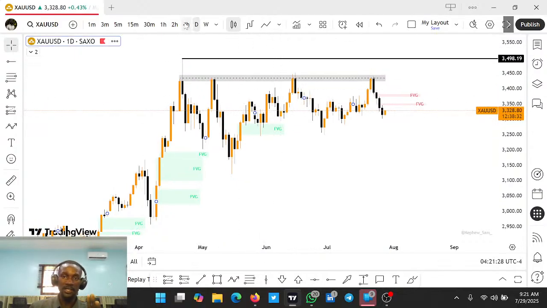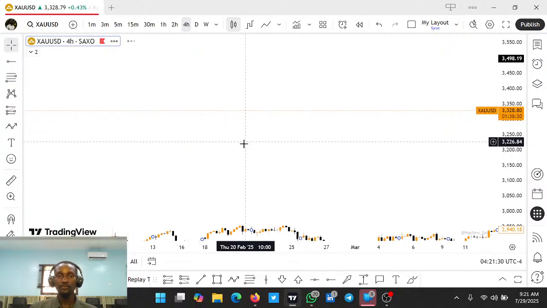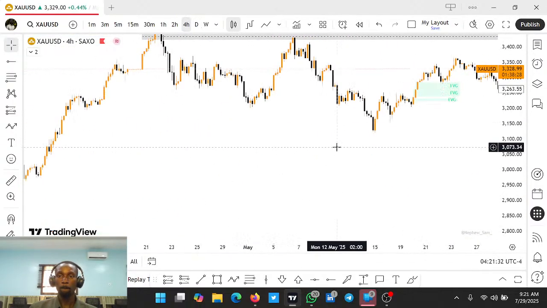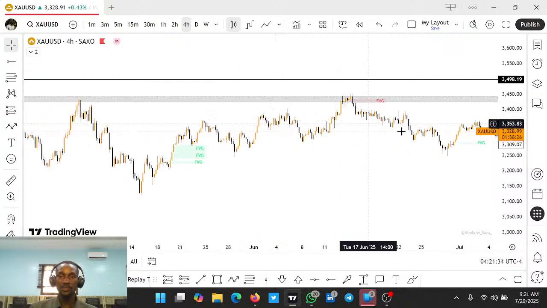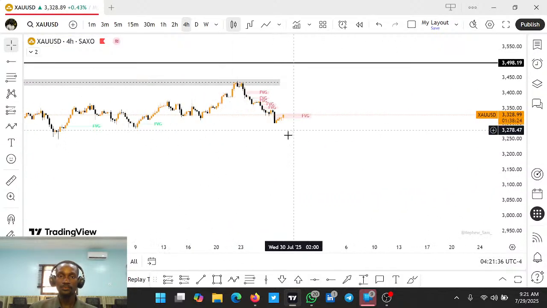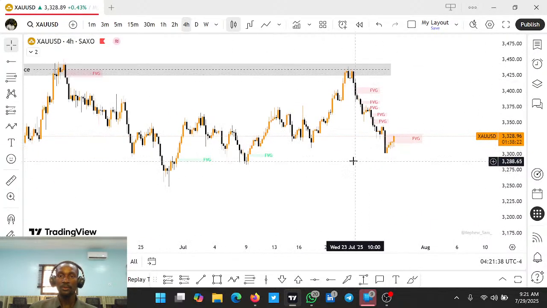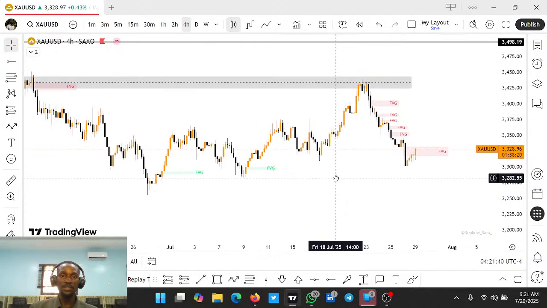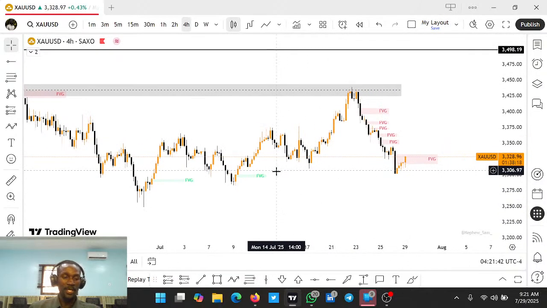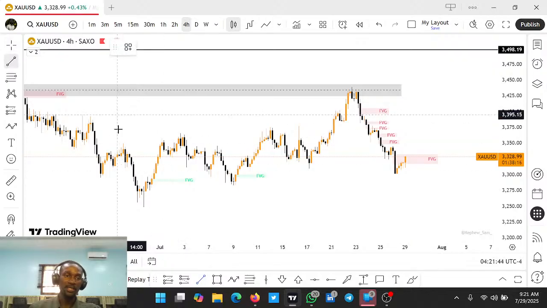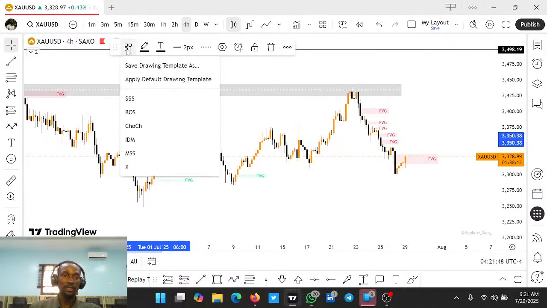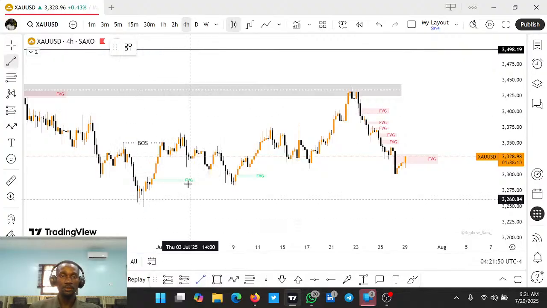Now going down to the 4 hour time frame. The 4 hour time frame is bullish. Why is it bullish? Gold is breaking structures to the upside. Break of structure.